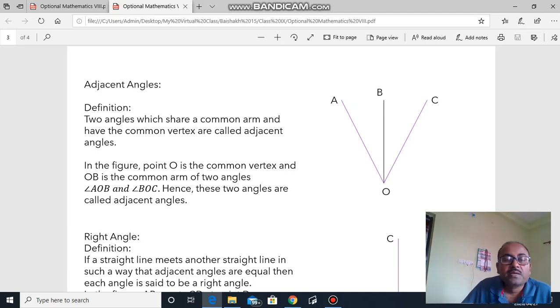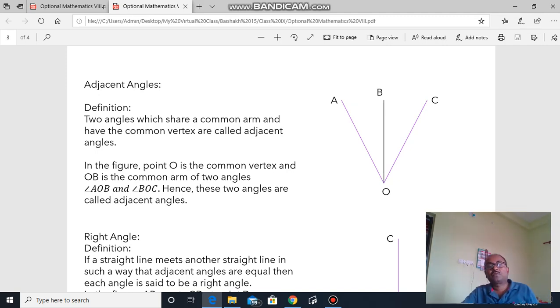So again come back to the figure. In the figure, see here O is the common vertex for which angles? Angle AOB and angle BOC. And BO is the common arm. O is the common vertex.